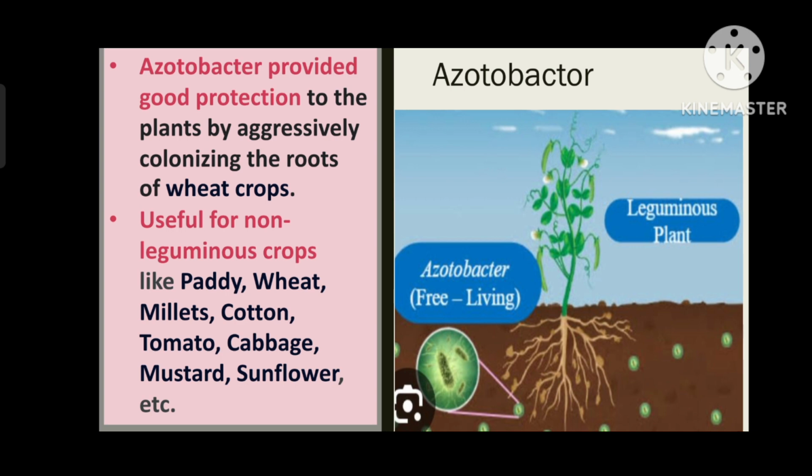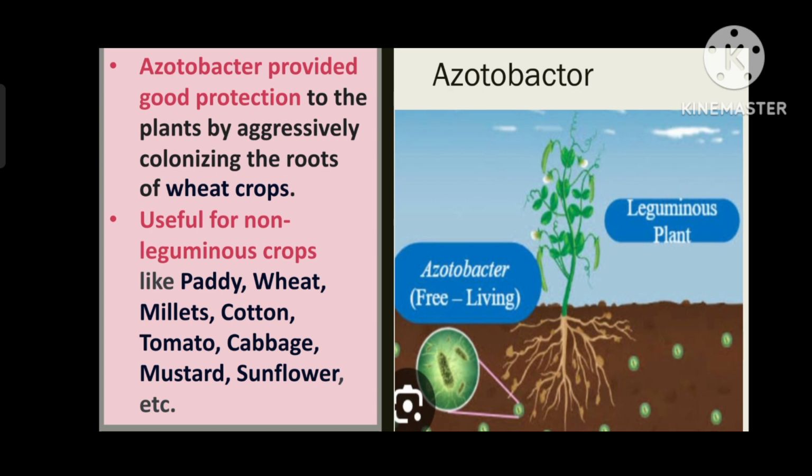Azotobacter provides good protection to plants by aggressively colonizing the roots of wheat crops, and is useful for non-leguminous crops like paddy, wheat, millets, cotton, tomato, cabbage, mustard and sunflower.